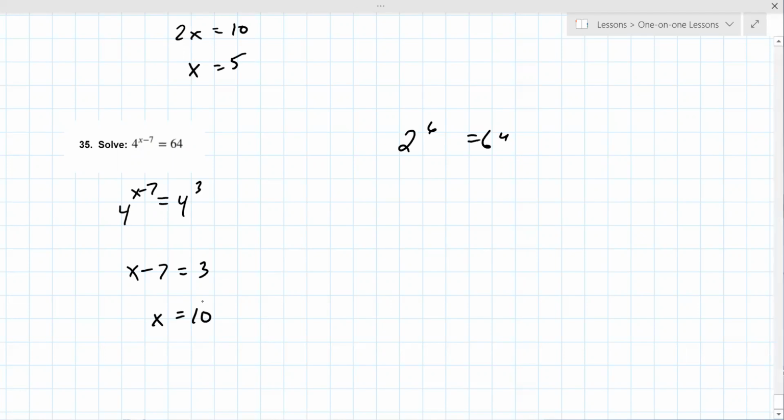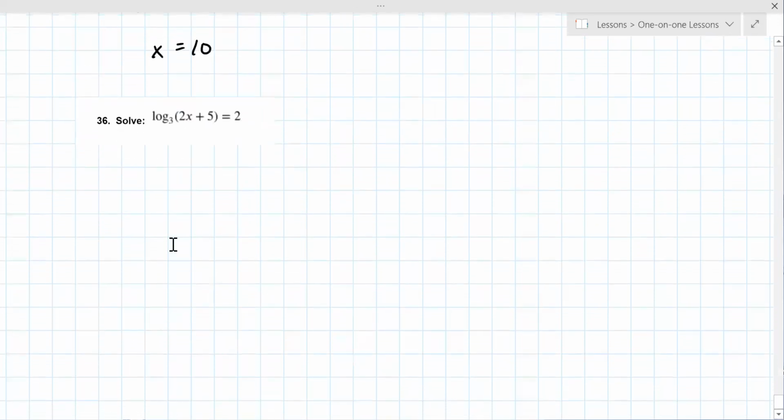Let's go on to number 36. Solve for x: log base 3 of 2x plus 5 equals 2. You can rewrite this into an exponent, or you can undo the log with base of 3.